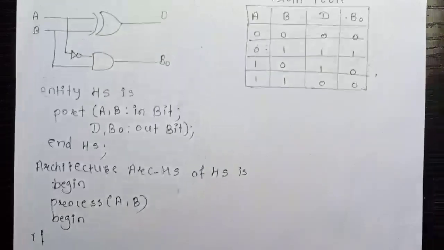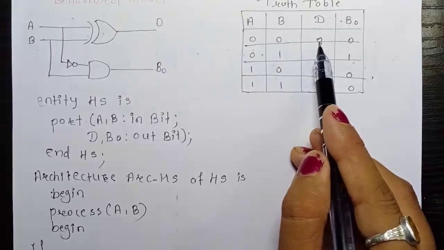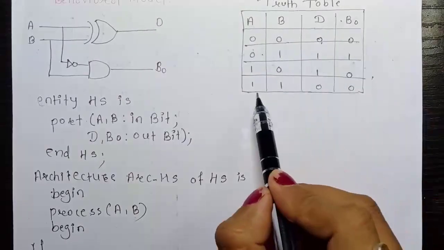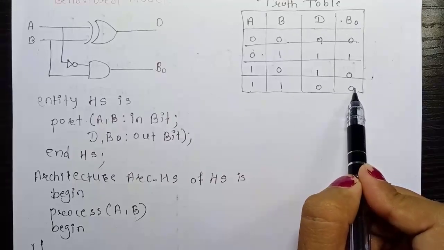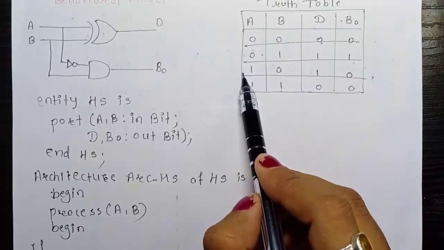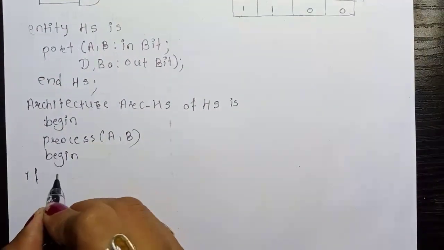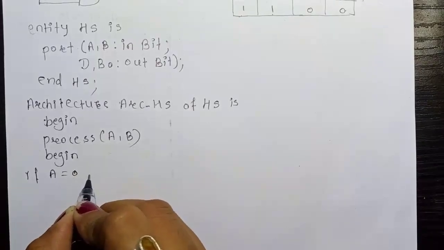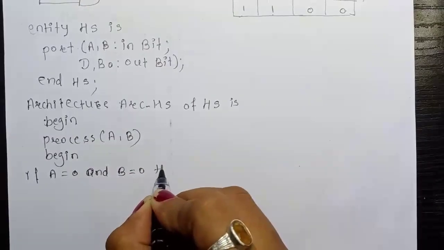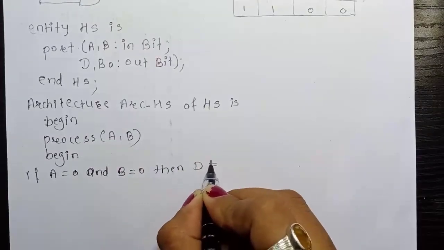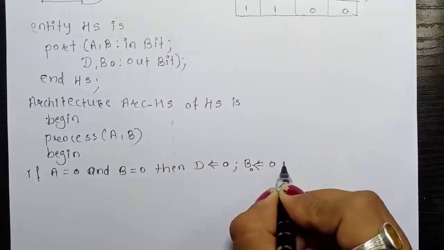Now there are two conditions. If both the inputs are 0, 0, then difference is 0 and borrow is also 0. Else if both the inputs are 1, that means again difference is 0 and borrow is 0. Okay, and this is the else if part. Now if A is equal to 0 and B is equal to 0, then my difference is assigned to 0 and my borrow is again assigned to 0.